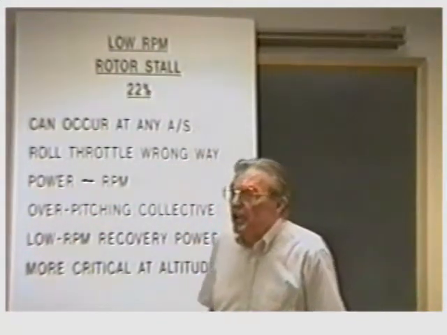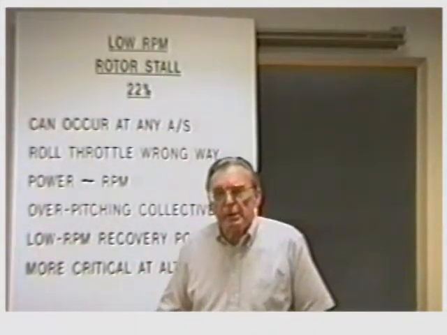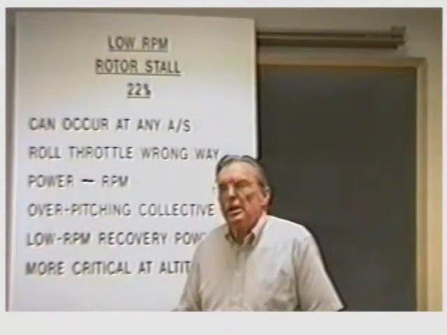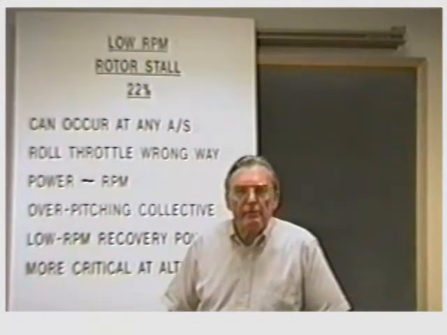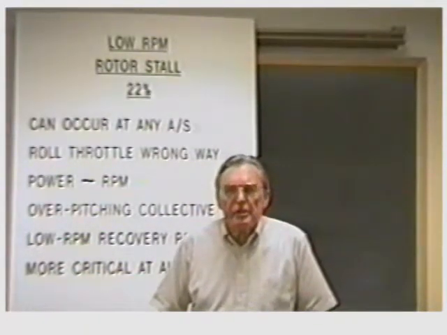And that can lead to a very unstable situation, where as the RPM comes down, the power available comes down. As the power available comes down, that in turn will cause the RPM to fall even lower, and so on, and you end up in a very unstable divergent situation.